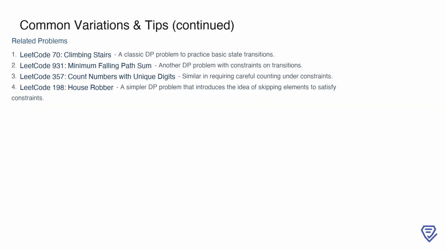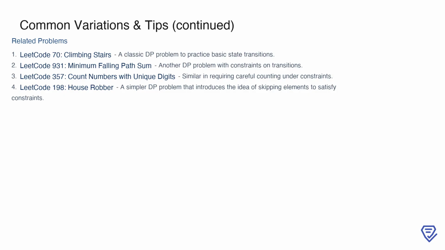This problem also connects to several related problems that can help build your understanding. For example, LeetCode 70, climbing stairs, is a classic dynamic programming problem that's great for practicing basic state transitions. Another useful problem is LeetCode 931, minimum falling path sum, which involves constraints on transitions, making it similar in structure.